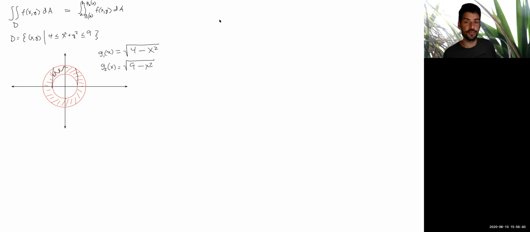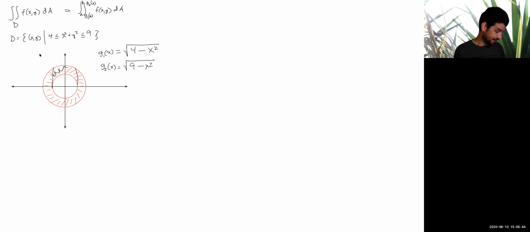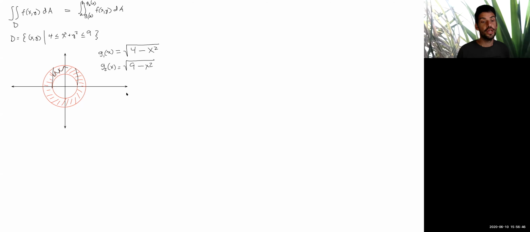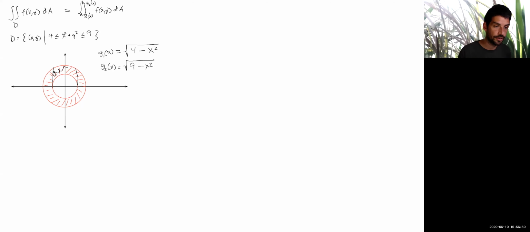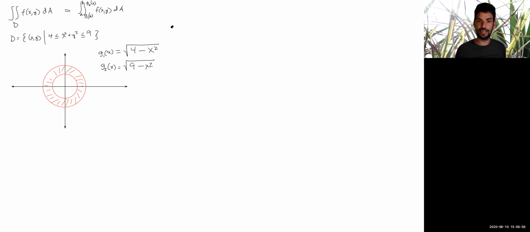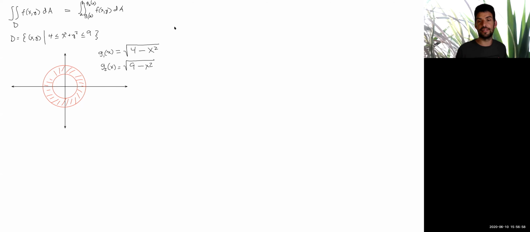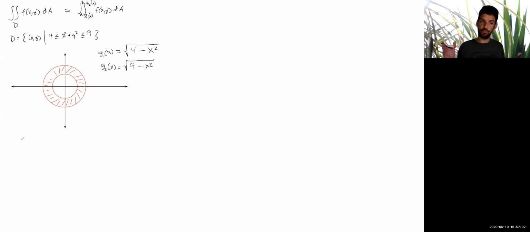So here's a thought. Let's describe this differently. Remember, let's erase some of this stuff. When we see things in a circle like this, one of the things we might think about is polar coordinates. Remember what polar coordinates are.